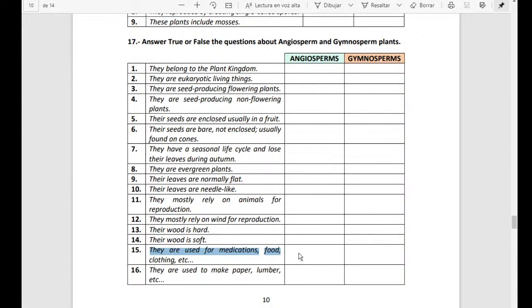So this is true for angiosperms. And finally, they are used to make paper, lumber, leña, and so on, which is number 16, which is true for gymnosperms.